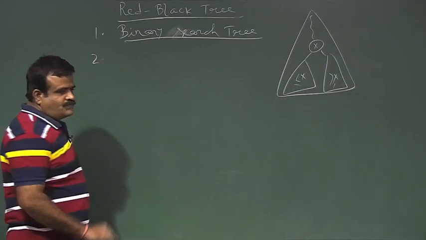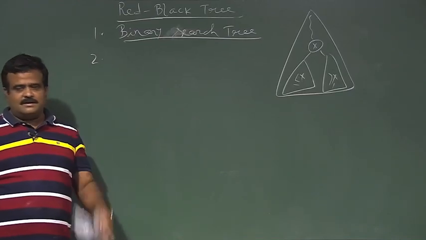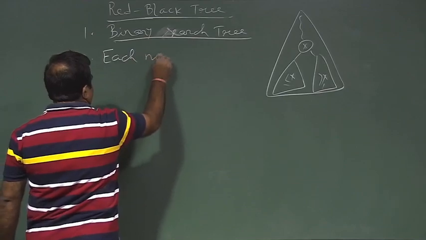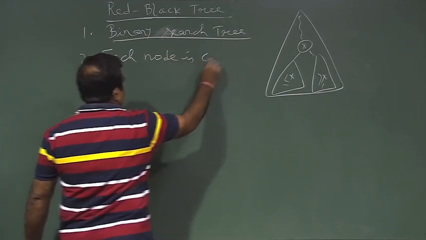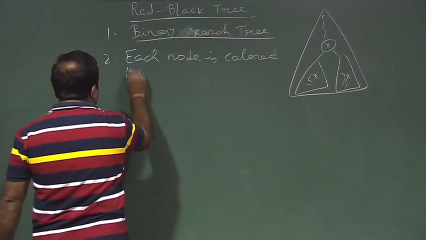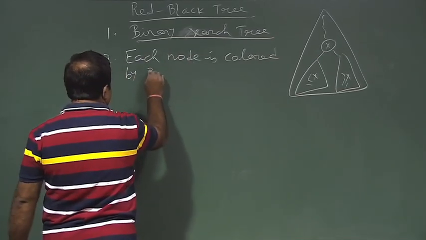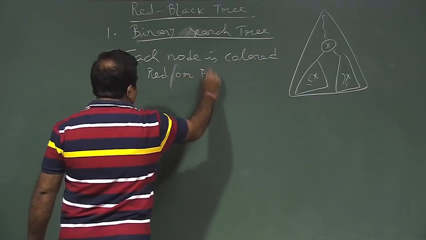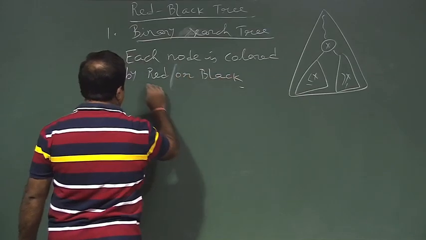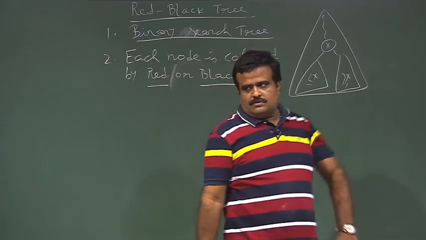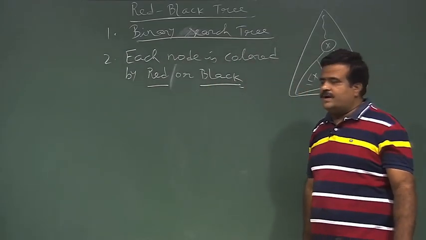Now each node is colored, by one of two colors, either red or black. We give a color to each node, and we can only use red or black.